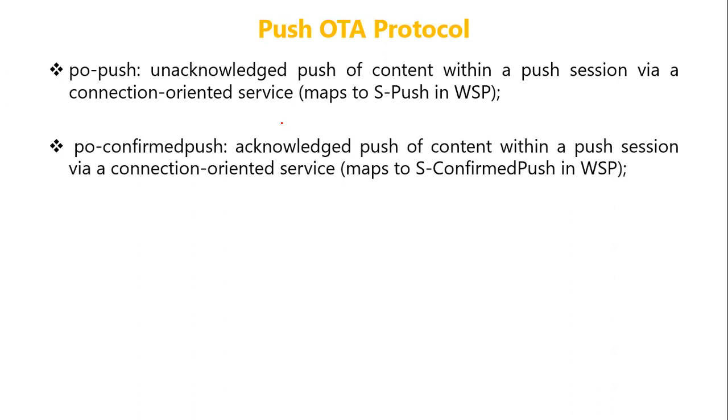PO-Push represents unacknowledged push of content within a push session via a connection-oriented service. PO-Confirmed-Push represents acknowledged push of content within a push session through a connection-oriented service. PO-Push-Abort represents rejection of a push by the client.